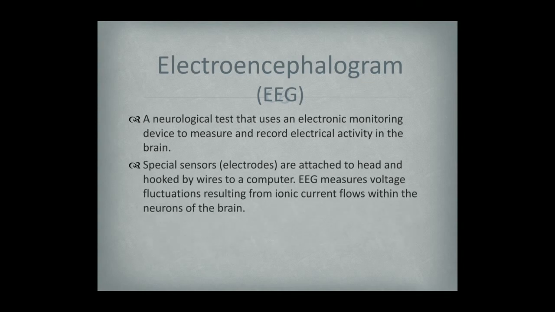Special sensors, which are known as electrodes, are attached to the head and hooked by wires to a computer. EEG measures voltage fluctuations, that is, variations up and down, resulting from ionic current flows within the neurons of the brain. The brain's electrical charge is maintained by billions of neurons.